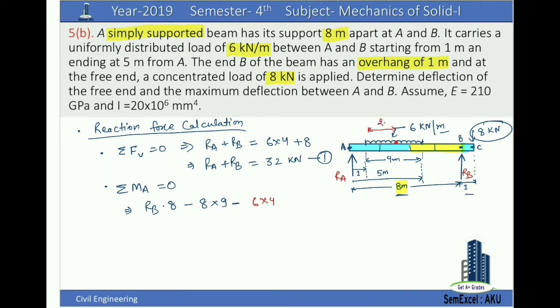Total distance is 1 meter plus 2 meter, 3 meter. Into 3 is equal to 0. If you solve this, you will get RB equal to 18 kN. This is the second equation. From the first and second equations, we can calculate the value of RA. It will be equal to 32 minus 18, 14 kN.